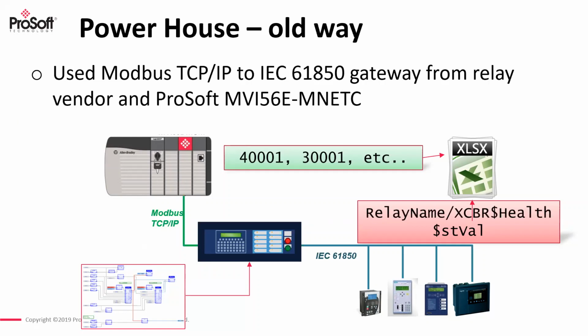A lot of the information they had to keep in offline Excel spreadsheets, since it was a Modbus to IEC 61850 conversion. They also had to utilize an IEC 61131 programming language in the data concentration device to map information from the relays back over into this device.